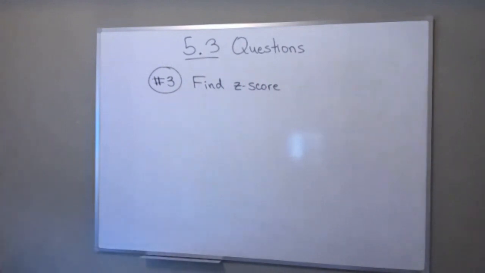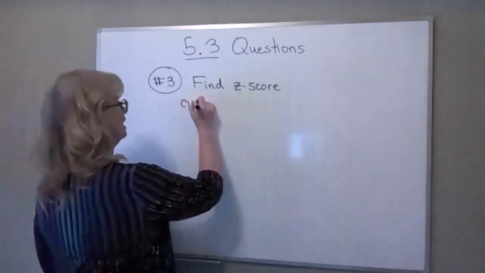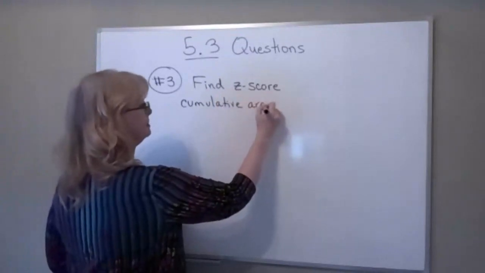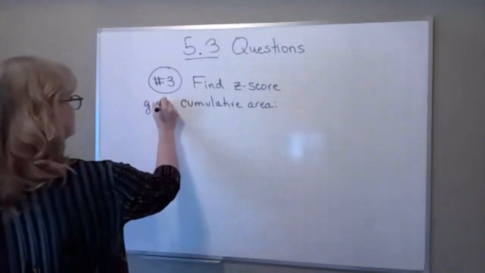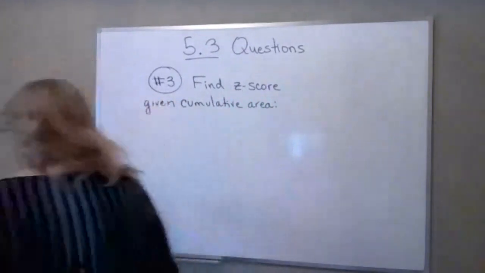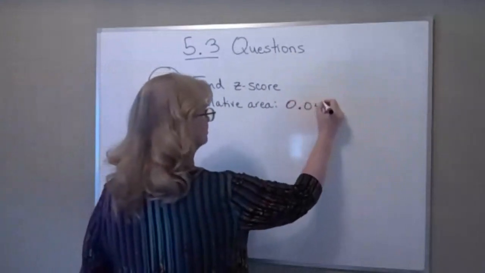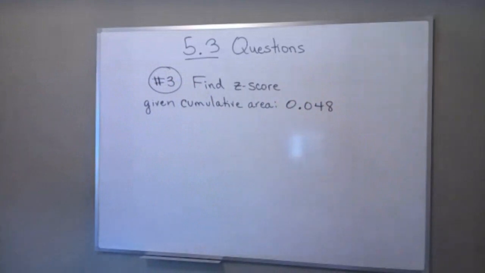And if it's exactly halfway, then use the z-score halfway. So the cumulative area they've given us, on mine, yours may be different. So I'm going to put given because this was given in the problem. The given cumulative area on mine looks like this. Let me remind you of a few things.